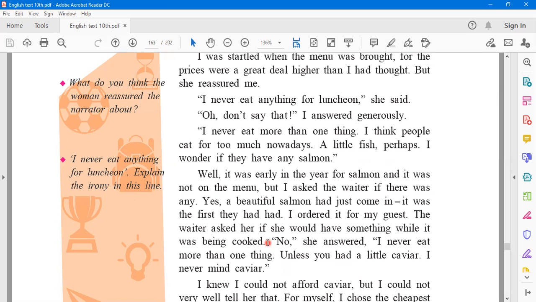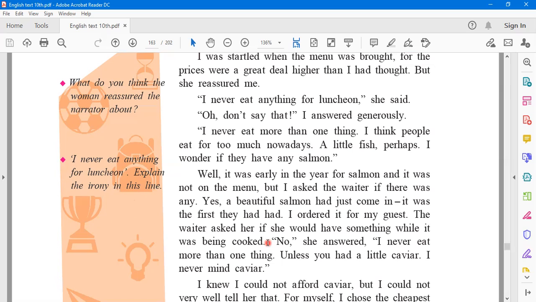So it is not something that is usually available in restaurants, unless the restaurant is visited by really filthy rich people. They are pickled eggs, and they're eaten as a delicacy. They are served along with some sweet dish or just like that. Okay, so she ordered a little caviar.